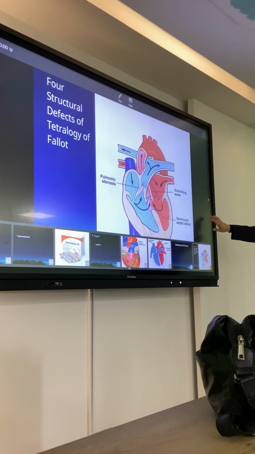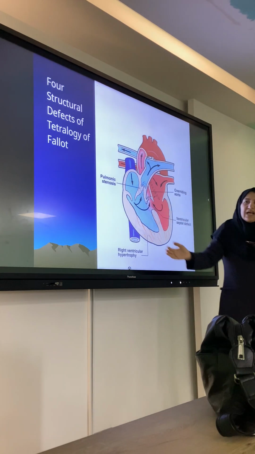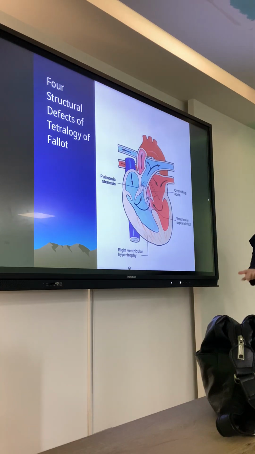So why is pulmonary stenosis combined with VSD? This is congenital. Unknown. We didn't know why these 4 defects happen. Congenitally, genetic, drugs, all of the risk factors that I spoke about are responsible.